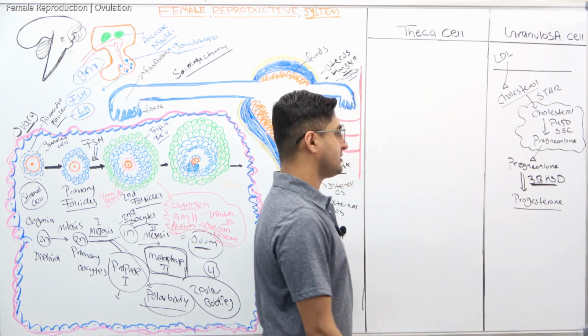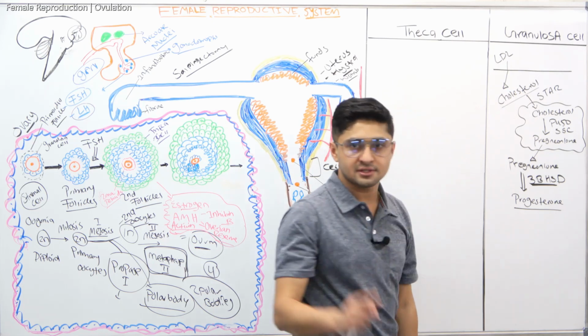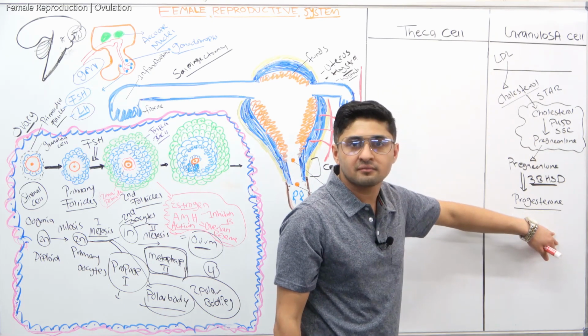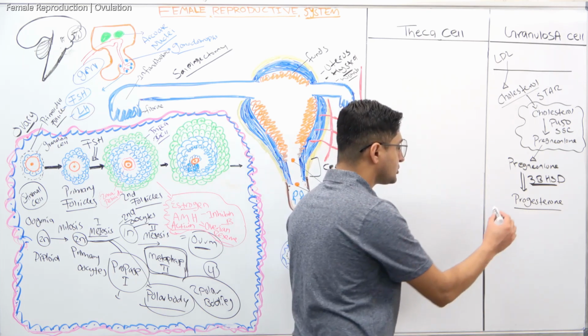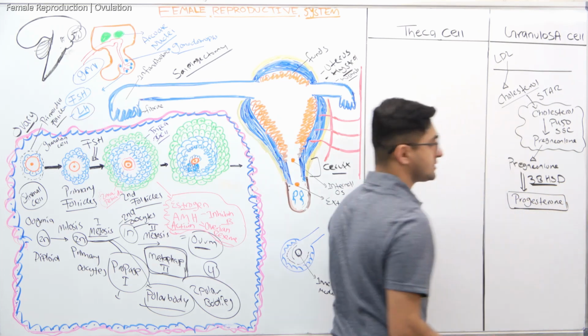But this is very, very important, guys. Progesterone, in this granulosa cell, does not have an enzyme to do a further modification. Meaning this is the furthest it can go in the granulosa cells.